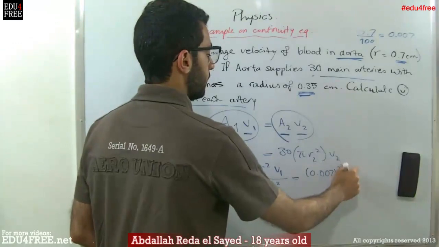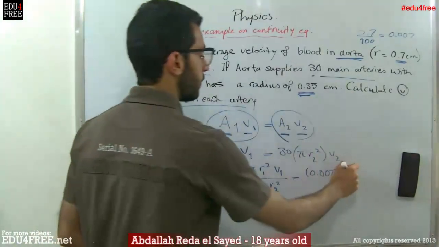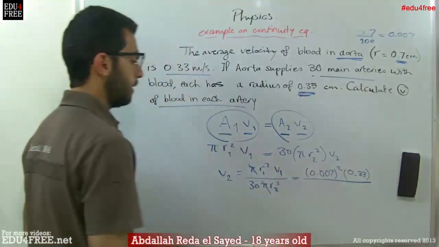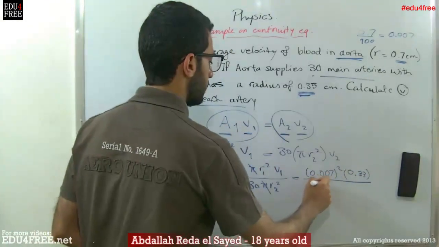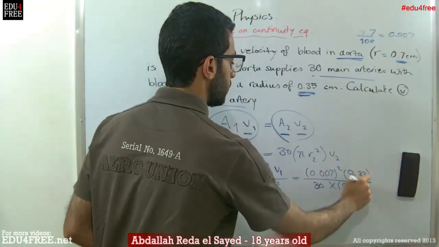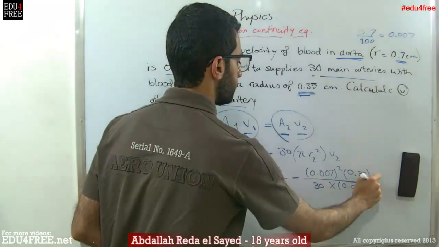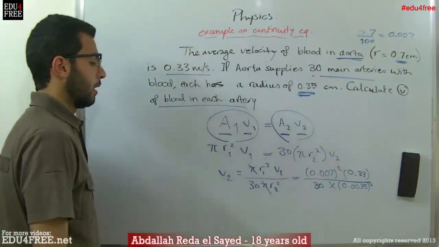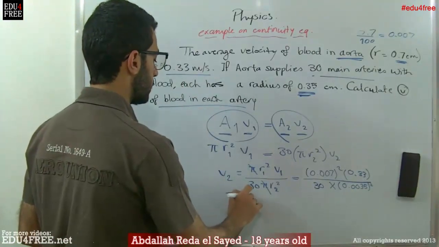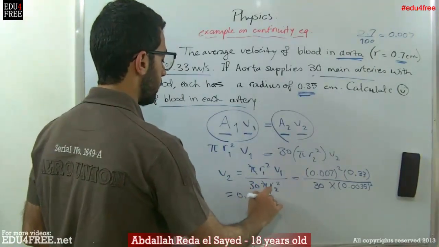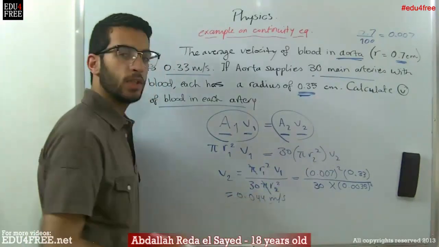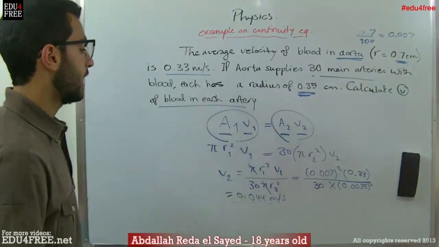That multiplied by the velocity, which is 0.33, over 30 multiplied by 0.0035 squared. This would give us a velocity which equals 0.044 meters per second. So this is the velocity in each one of the main arteries.